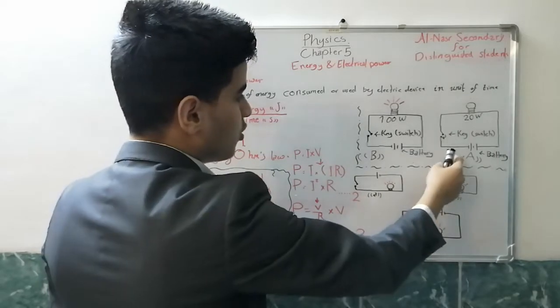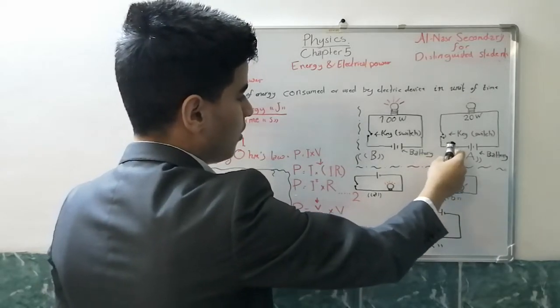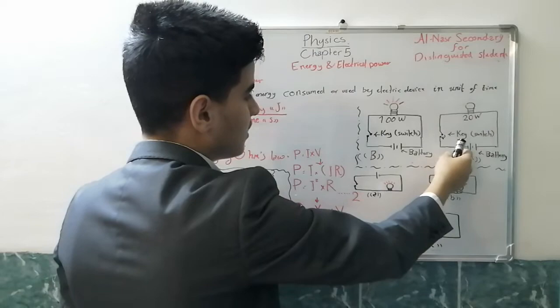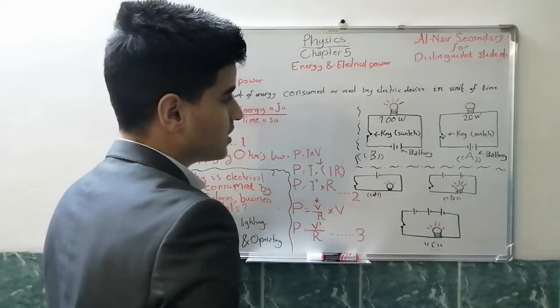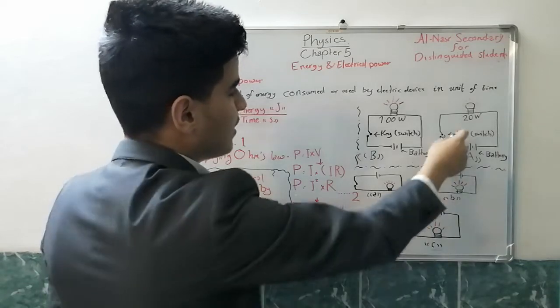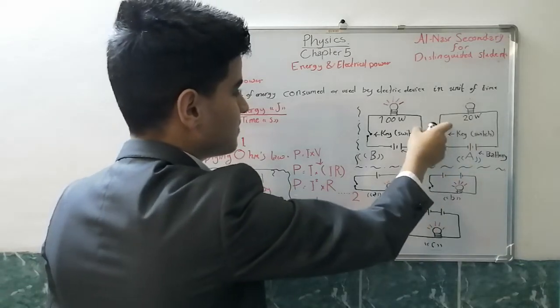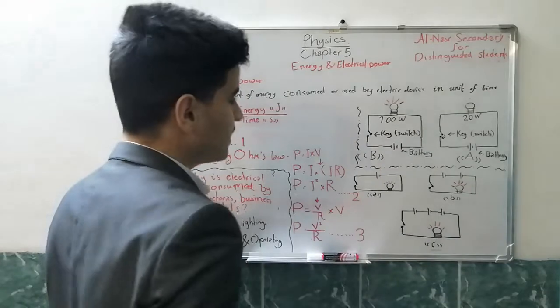Why? Because it depends on how much electric current flows in the connection wire and the potential difference between its two ends. The wattage of the first lamp is lower than the wattage of the second lamp.